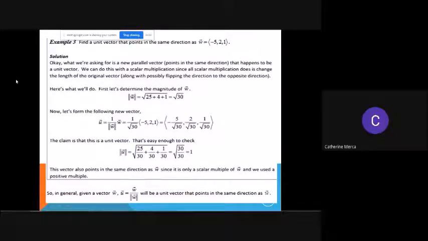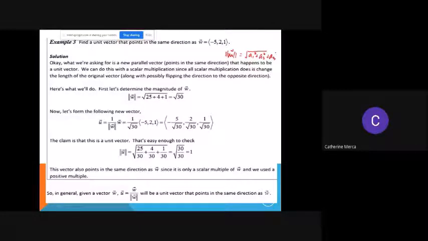First, we have to consider the magnitude. The magnitude of the original vector, negative 5, 2, 1, we define again. The magnitude of W is equal to the square root of A sub 1 squared plus A sub 2 squared plus A sub 3 squared.